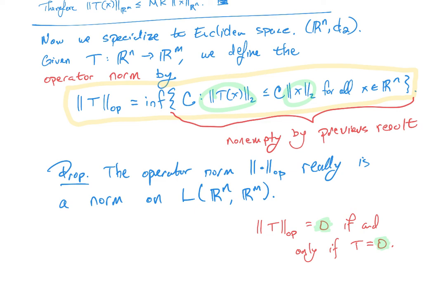Well, how do you prove this? If you've got a non-zero linear transformation, then there must be some non-zero vector that it maps to something of positive norm. And that allows you to show that this infimum cannot be 0. And then, as usual, the only slightly difficult part about this proposition is the triangle inequality.